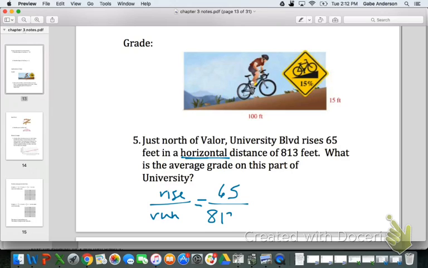So what you would do is this. Get your calculators out and do 65 divided by 813. 0.0799. Grade is always represented with a percent.